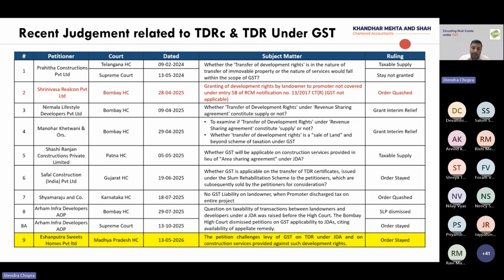The petitioner argued that GST liability under RCM cannot be imposed because the notification itself does not cover such a transaction. The Bombay High Court accepted this argument and quashed the departmental order. This judgment is very significant because it directly questions the applicability of GST on TDR under the reverse charge mechanism.